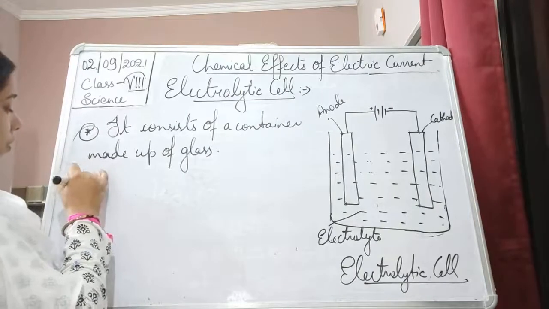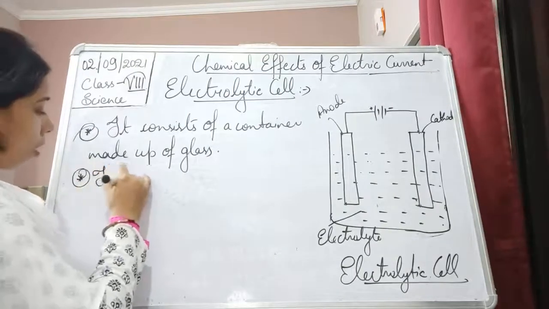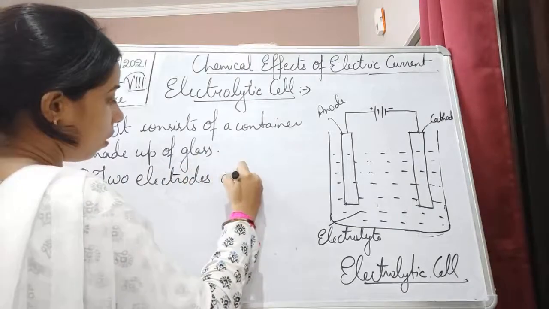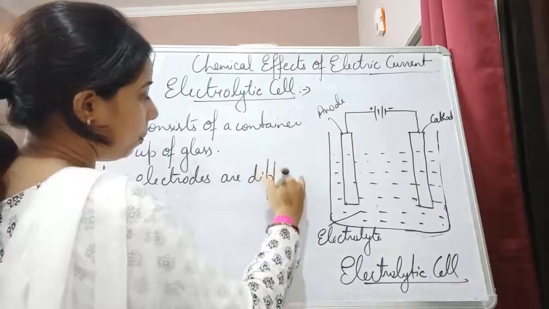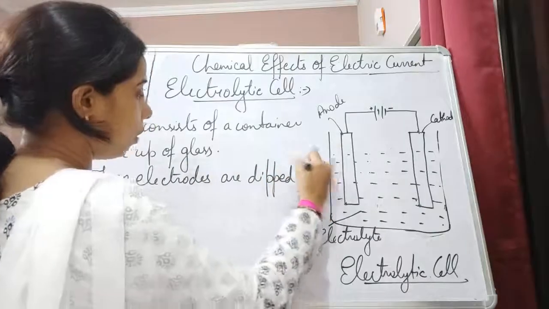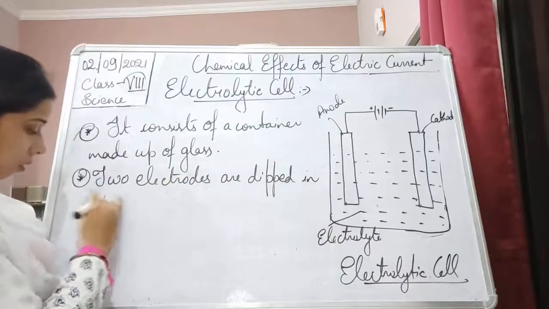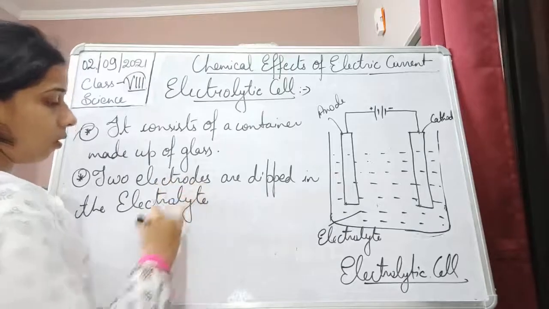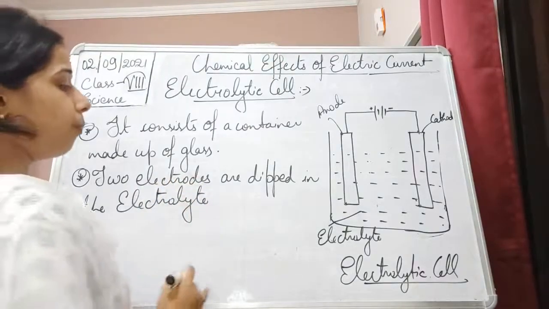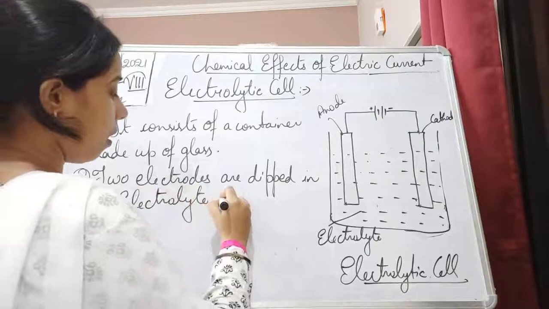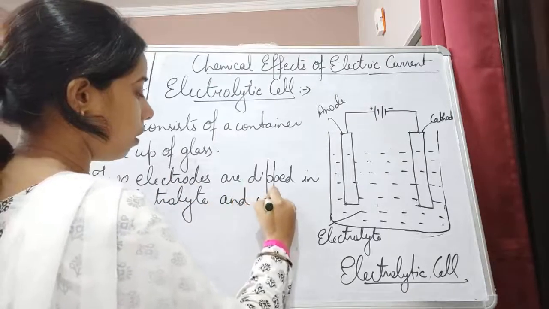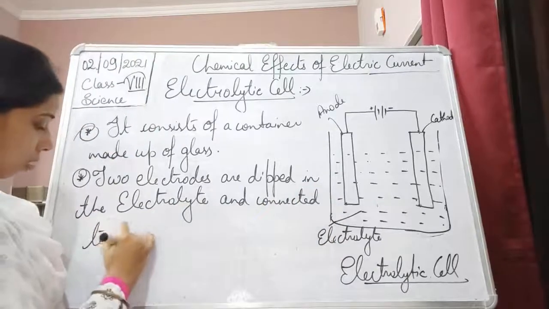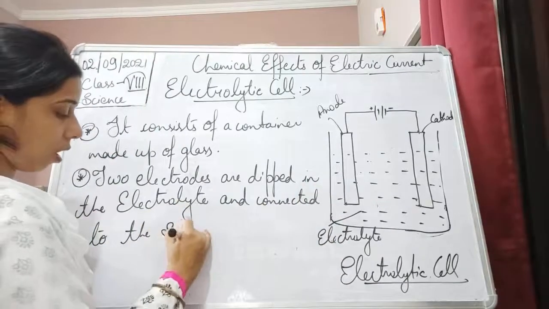So two electrodes are dipped in the electrolyte and connected to the switch.